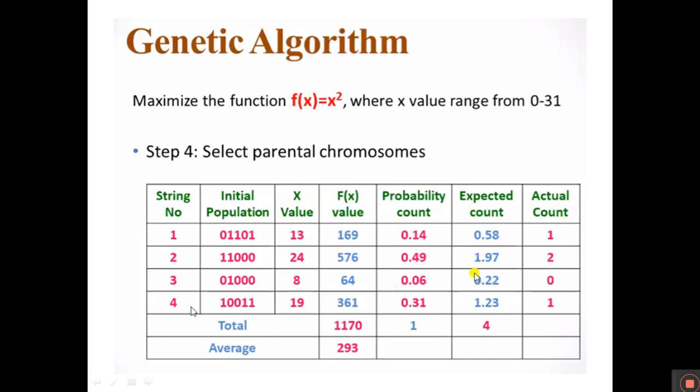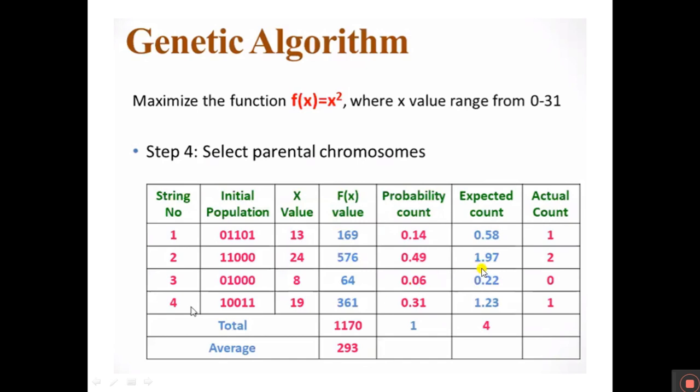So the next one is the expected count. The expected count is f of x value divided by the average value. Here f of x value 169, average value 293. If I divide 169 by 293, I am getting 0.58. Then the f of x value 576, its average value 293.